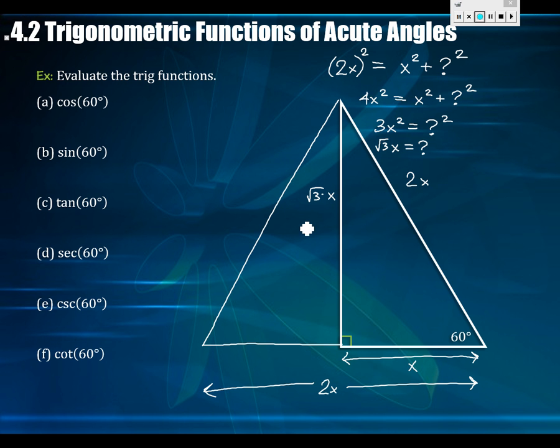Olivia, do you want to start us off with the cosine of 60 when you're ready? What is that? If we're looking at this angle, what would that be? Yeah, x over 2x, regardless of the value of x, will be 1/2. And then sine of 60, Varun? Yeah, and the x's again cancel out.